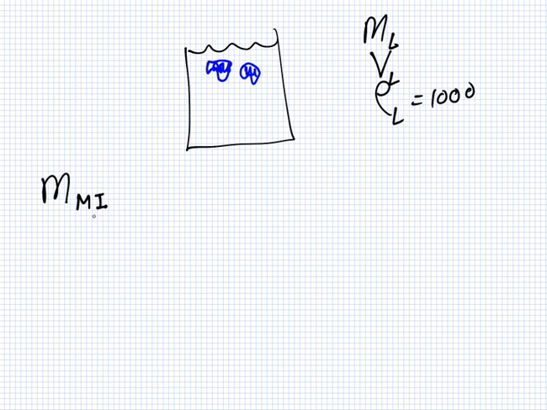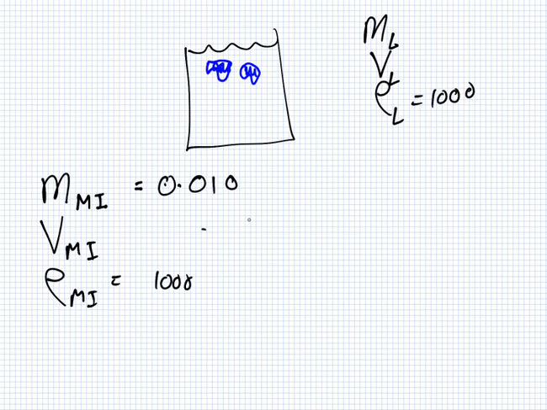Next, we'll go down to nickel. Nickel is 8,900. Nickel is high density, but it is a very, very cheap metal. It's much cheaper than silver.